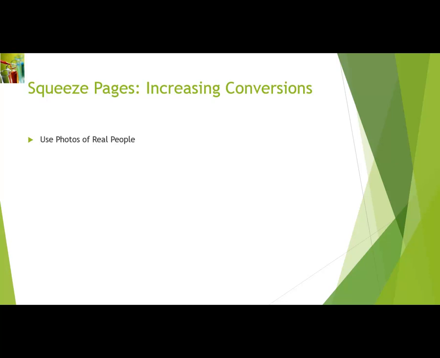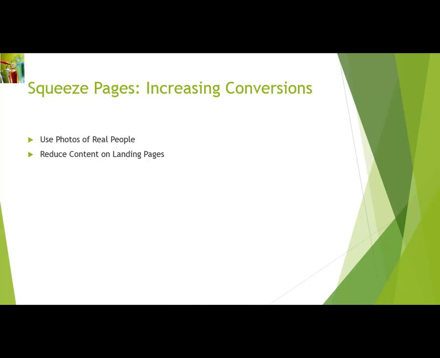One of the things you want to do is use photos of real people, and you're going to see that in Ed Dale's launch and on his squeeze pages. Try to reduce your content on those landing pages. In other words, make sure there's no confusion about what the visitor is to do.